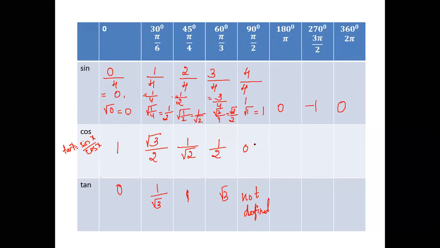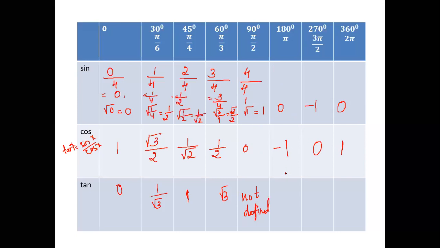Next, for cos 180 degree, write what sin 270 degree has taken, that is -1. And for cos 270 degree, write what sin 180 degree has taken, and it continues.